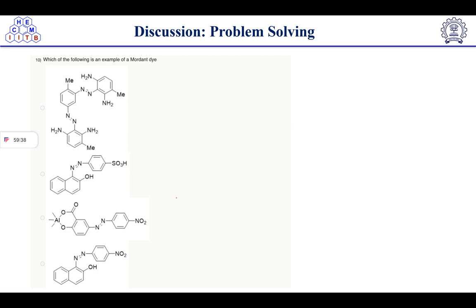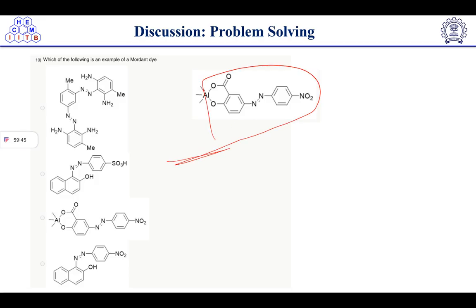I'll show the structure directly here. This. Because it has to bind with the binding agent and form a complex. That's why, and the complex you can see only in this case. That's why this is the dye.